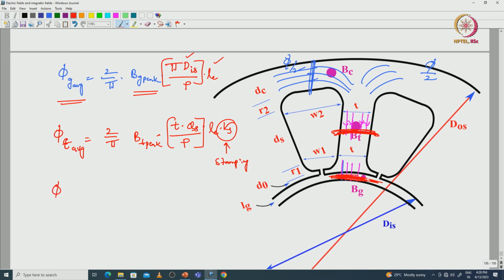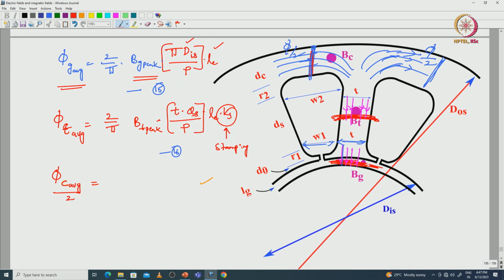And similarly, to calculate the phi c average, the average flux in this portion, I will take phi c is equal to actual phi c average by 2. Here, in order to find the flux with respect to this portion, this is the maximum flux density value with respect to the core, right.